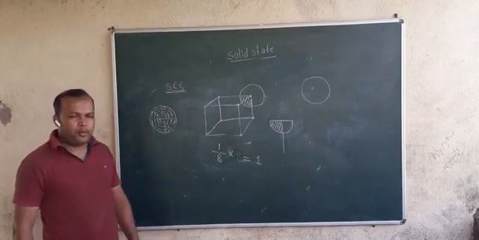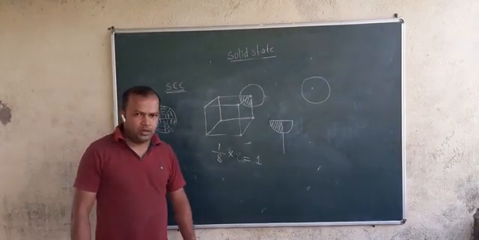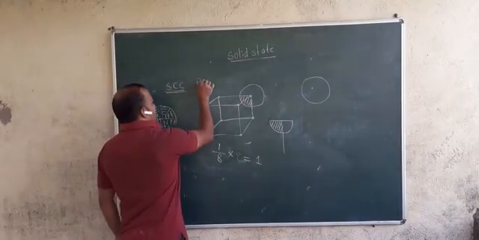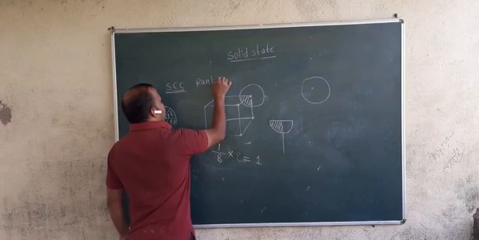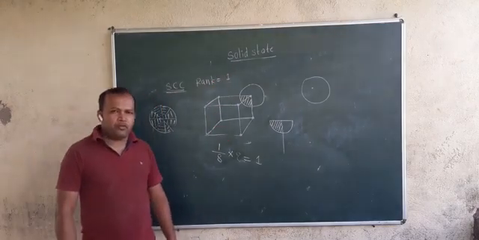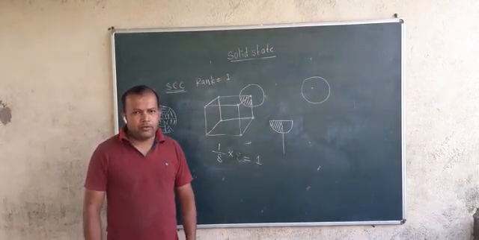Means we can form a single circle out of this. So if in SCC a rank is asked, then you'll say 1. How 1? 1/8 of 8.